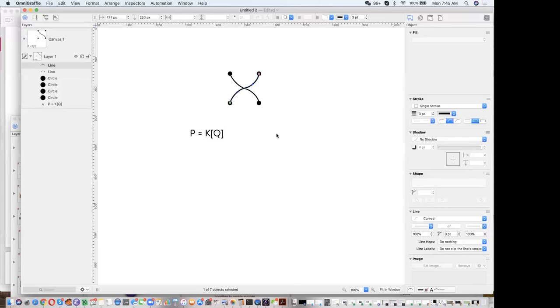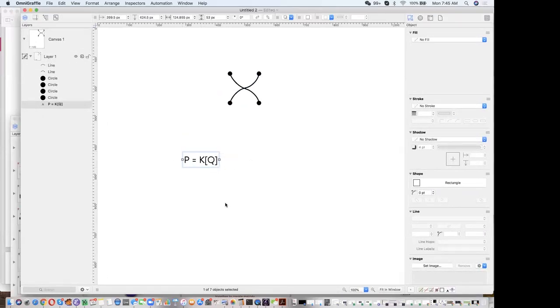And what the Kauffman bracket does is it says I've got some knot, and inside the knot I find this crossing.